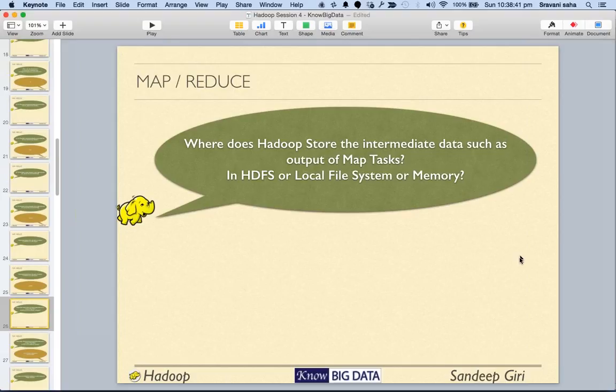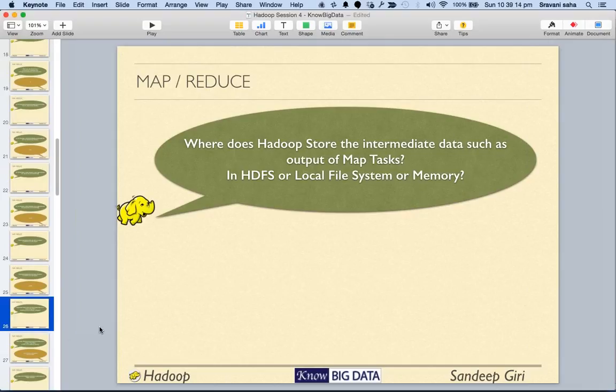If it is in memory, and the data is really big, what would happen? Because each block is going to be 128 MB. If there are many tasks running, will it consume that much memory? That's correct.